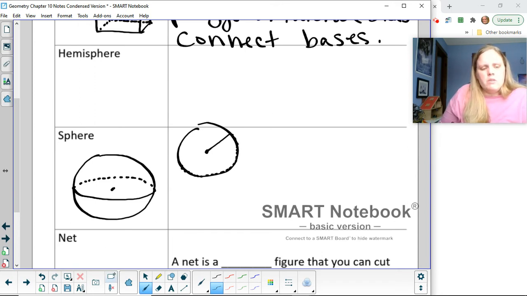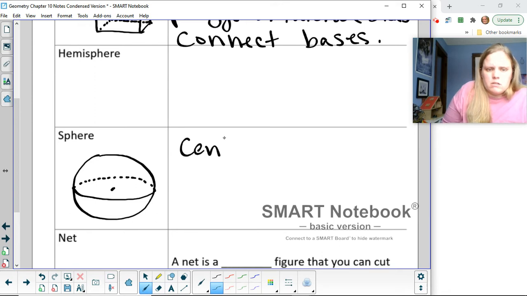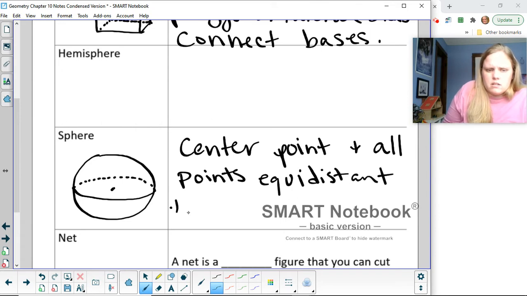So when we're talking about a sphere, it's in a space, a 3D situation here. So it's the center point, and all points equidistant to the center.